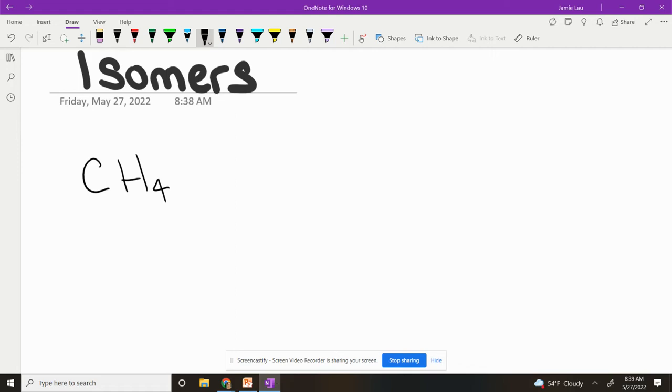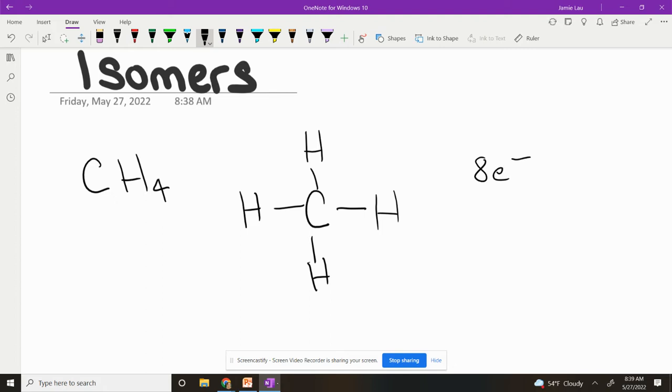CH4, methane, I know from drawing the Lewis structure, I put a carbon in the center, I put my hydrogens around it, and I connect everything to the carbon for a total of 8 electrons. I see this carbon has 2, 4, 6, 8, and each hydrogen has 2.